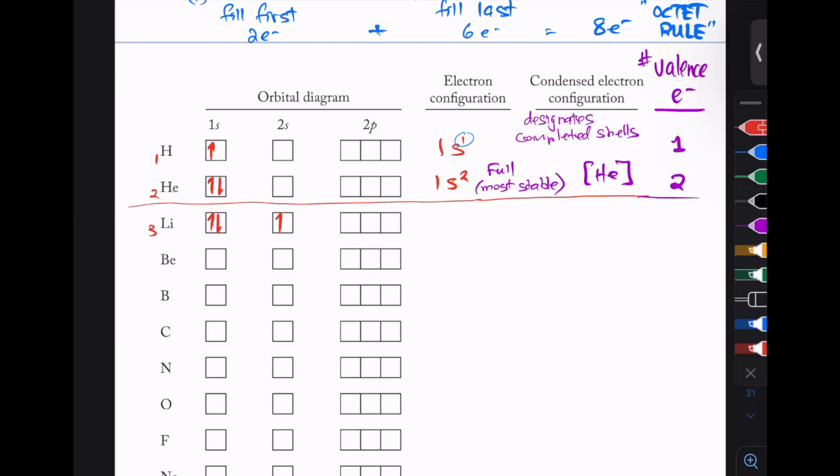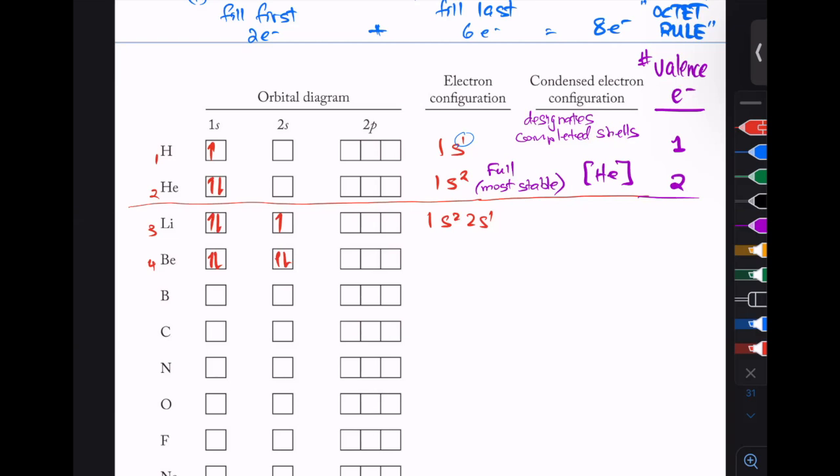So now let's build up some more. So we go to beryllium with 4 protons, 1, 2, 3, 4. And oh, I didn't put it in for lithium. So let's do the lithium. That would be 1s2, 2s1. And here, I'll show you how the condensed electron configuration would work. Given that if it's helium, it just looks like that.